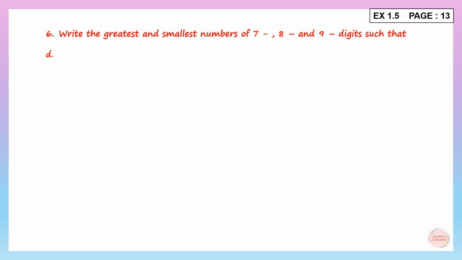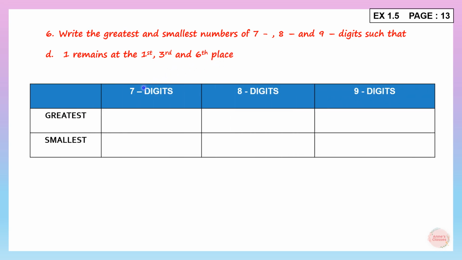Question 6. This time 1 will remain at the first, third and sixth place. So let's start now. So for the greatest number, let's write 7 nines. Now we should put 1 in the first, third and sixth place. So this is the first place, this is the third place and this is the sixth place.